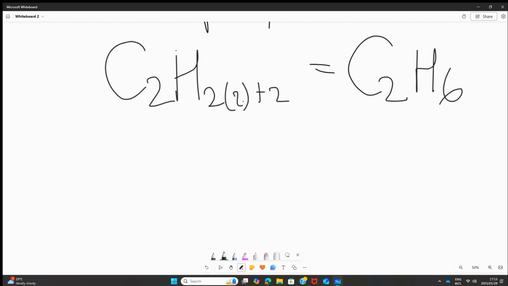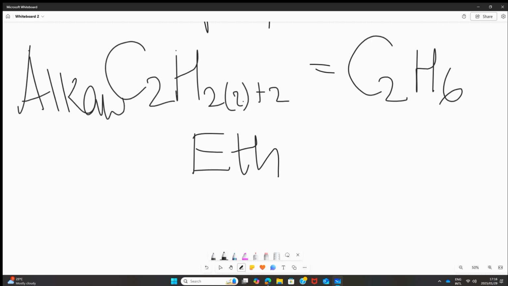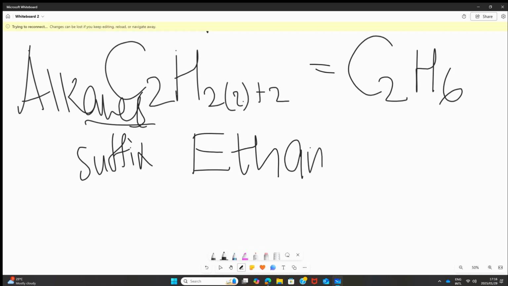We said for 2 carbon atoms, we use eth. So that would be eth. And now for your alkanes, the prefix becomes the carbon number, then the suffix becomes ane. So this would be an ethane. Now, if you are looking at your alkane with 3 carbon atoms in it, 1, 2, 3.